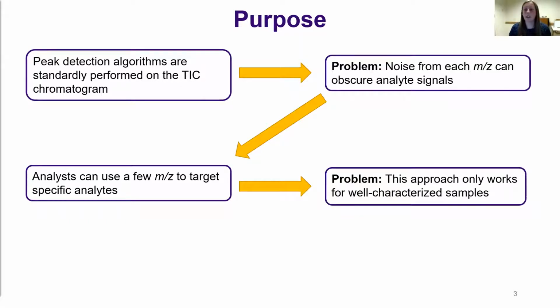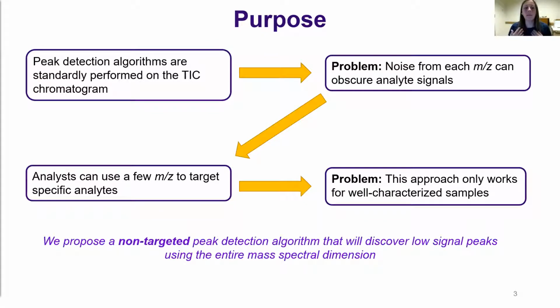However, this approach only works well for samples that have been well characterized and where the analyst knows exactly what analytes to target. So we propose a non-targeted peak detection algorithm that will discover low signal peaks using the entire mass spectral dimension. We term this the enhanced TIC.